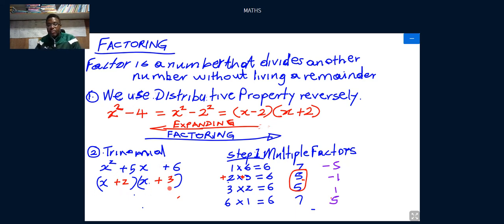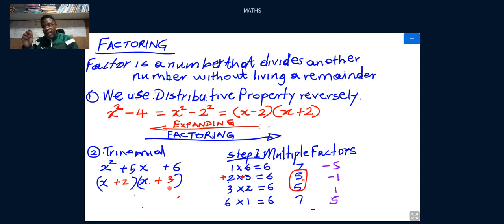Now, this is the answer. We have taken the combination. You don't have to worry and say, hey, it's difficult to factorize this and that. No, man. You must look for the multiple factors of the last term. List them down, add them, and subtract them.